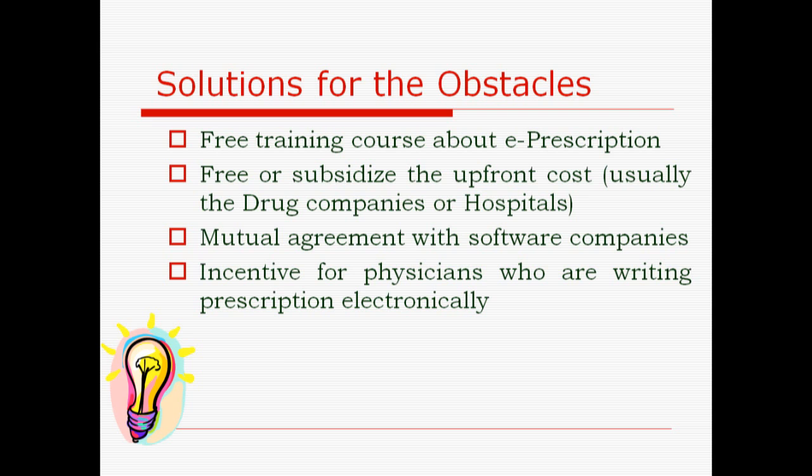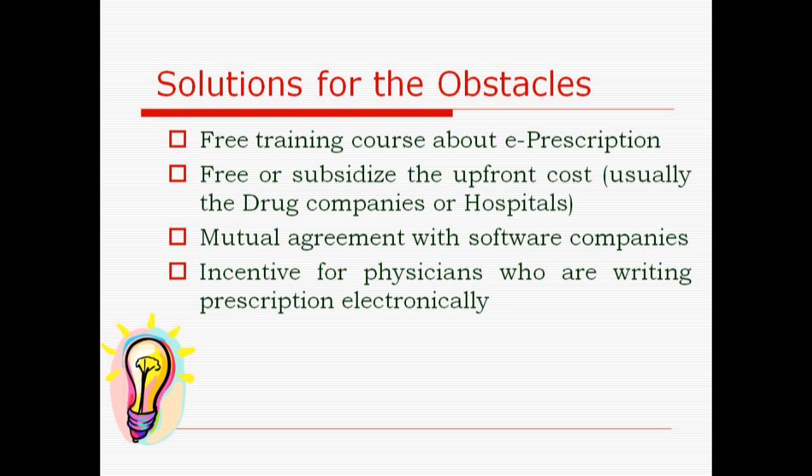Or the free or subsidize the upfront cost, usually the drug companies or the hospital, because the doctors need not to buy that software. So the subsidy in the cost of that software and all, that could be provided. Moreover, the mutual agreement with the software companies, if that can be done, the economic part of the doctor which is offering the obstacle in the path of electronic prescription, that can be overcome.